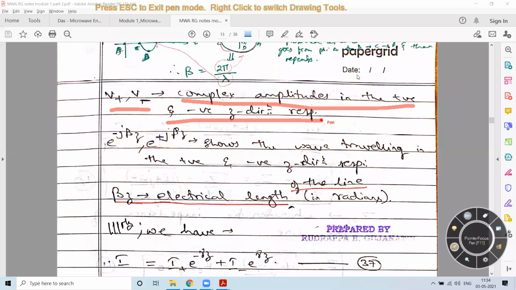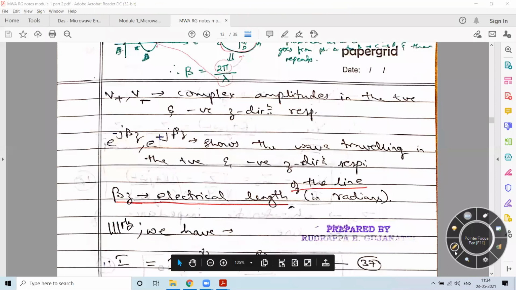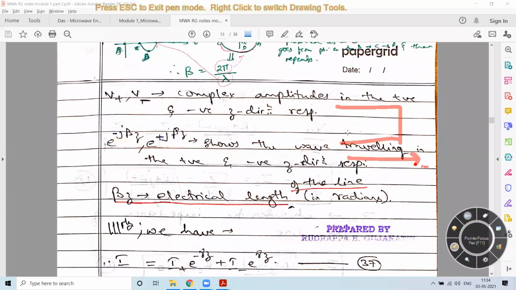Because if you consider the transmission line, you have the load at the other end, and we are considering the z axis. The incident wave, say at z equal to 0, is traveling in the positive z direction and the reflected wave will be traveling in the opposite direction.